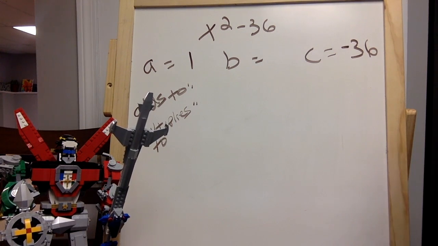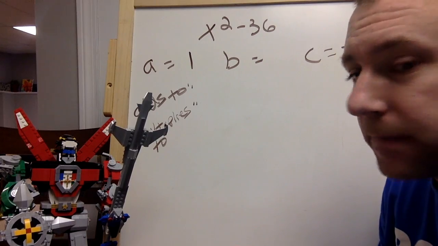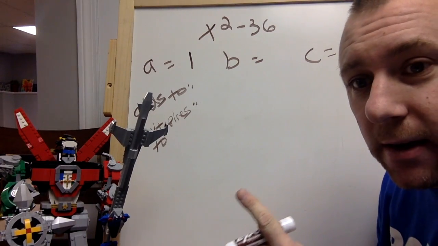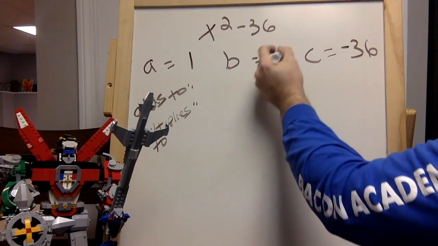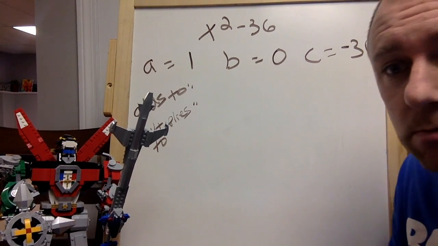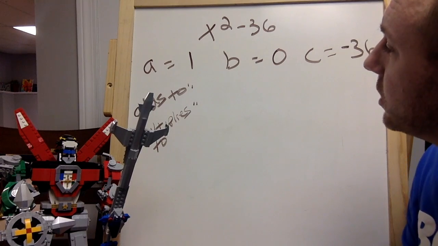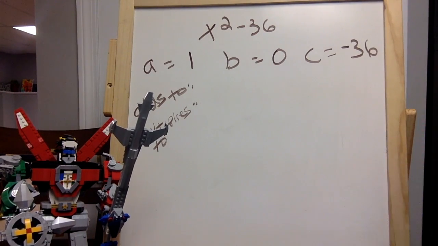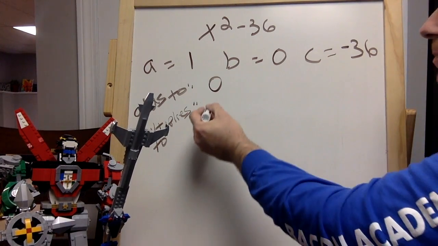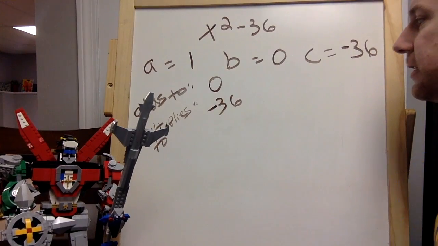So it doesn't appear that there's any b term. But in math, if something's not there, that oftentimes means it's really a 0. So we have a, b, and now c, so we know it needs to add up to 0, and it needs to multiply to negative 36.